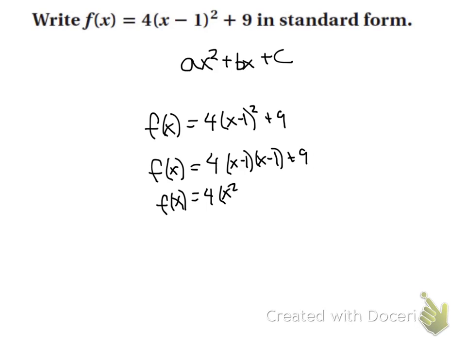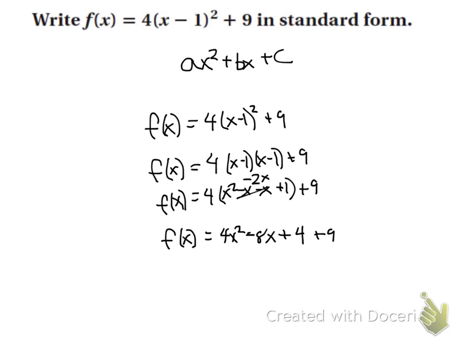When you FOIL that, you end up with 4x squared minus x, and then negative 1 times negative 1 is positive 1, plus 9. Distribute the 4, and you end up with 4x squared minus 8x plus 4 plus 9.